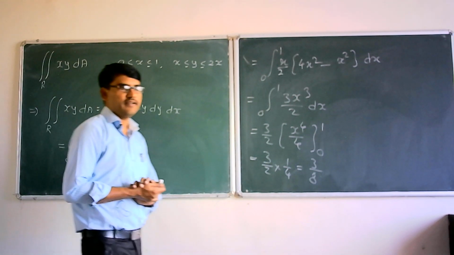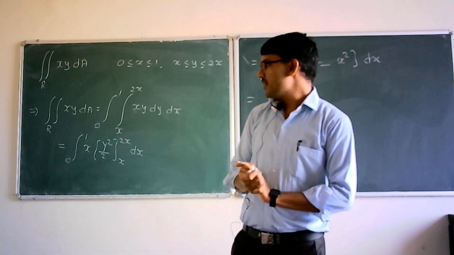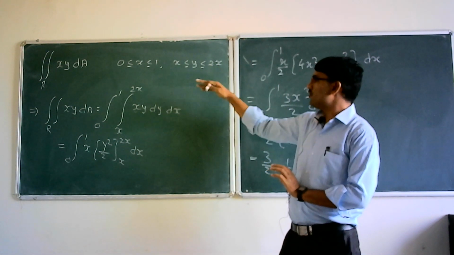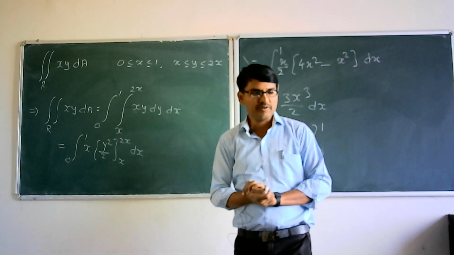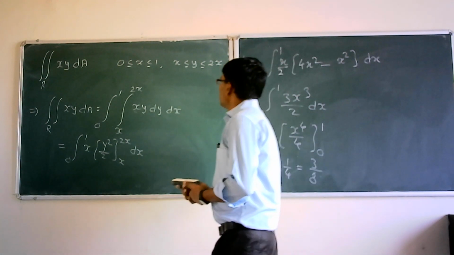So hope you understand what the Fubini's strong theorem says. If your limit in terms of y is in terms of x, then first you want to evaluate with respect to y.